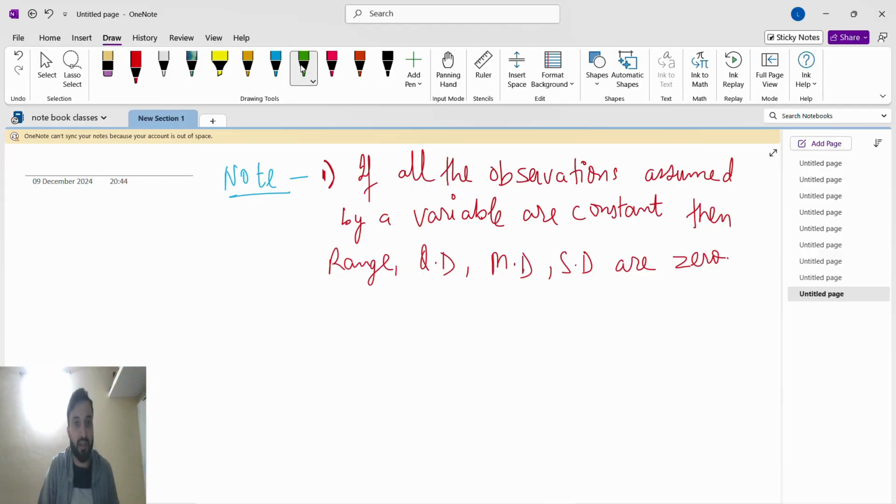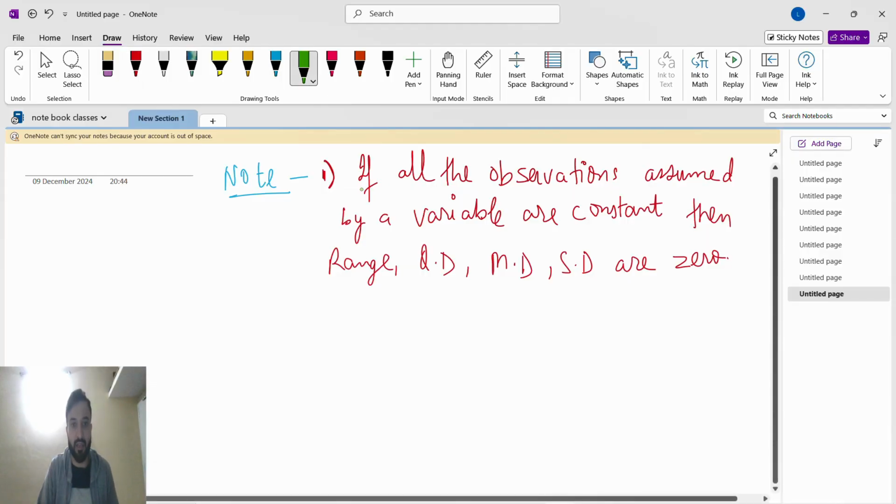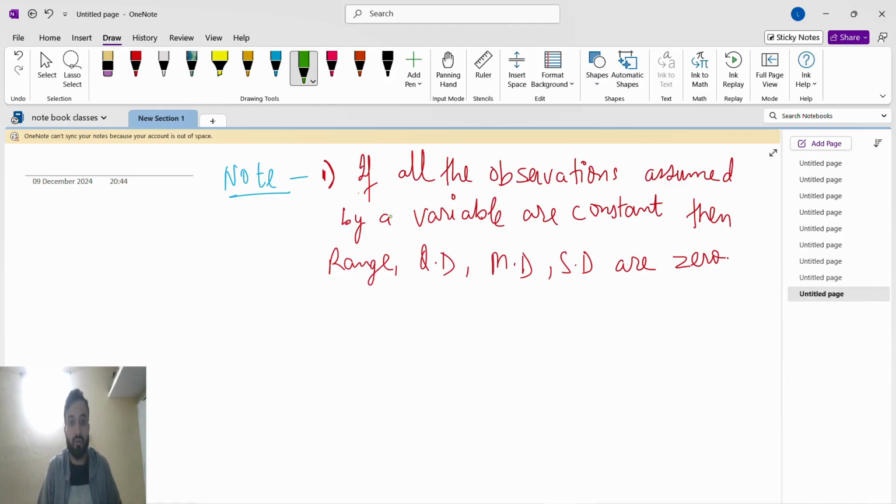In the examination, what will they ask? They will ask: if all the observations assumed by a variable are constant, then... this statement will remain the same for all.